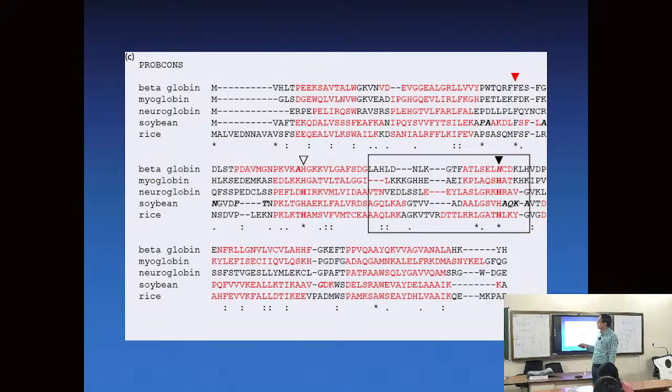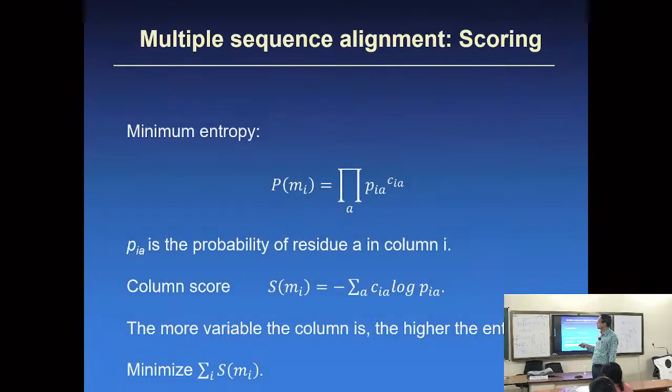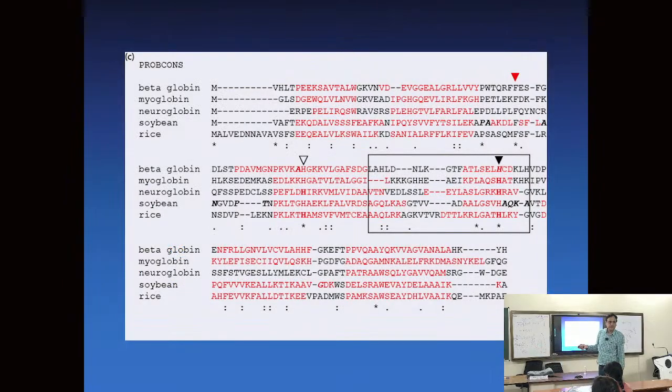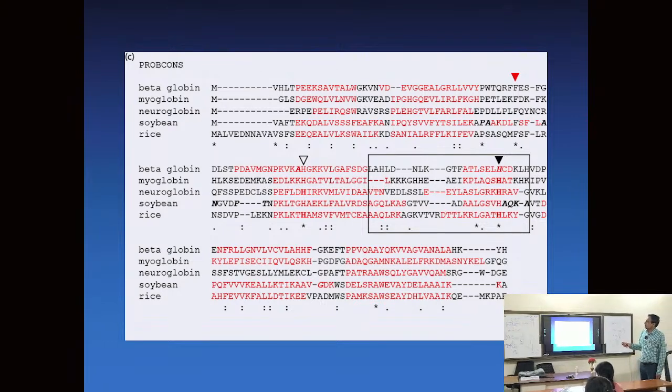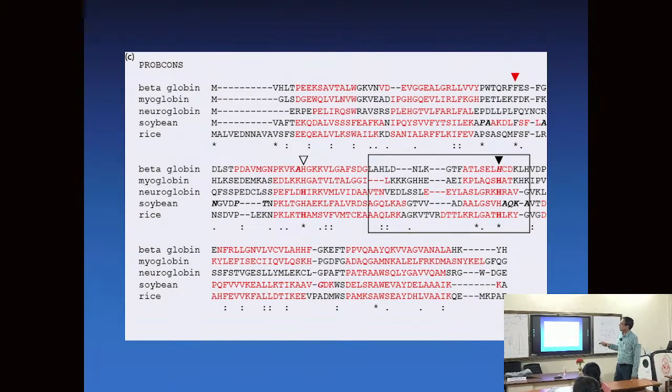There are many ways to do this, so let's see how we can compute these scores. One could be the probabilistic scores: the probability of a column, assuming that each of the nucleotides or residues in a column occurs independently of each other.